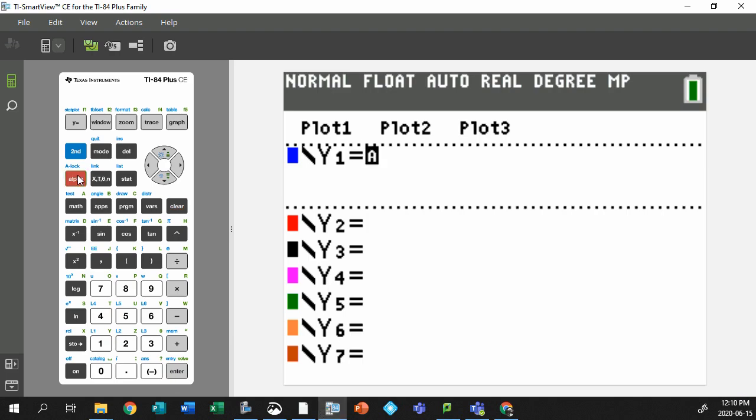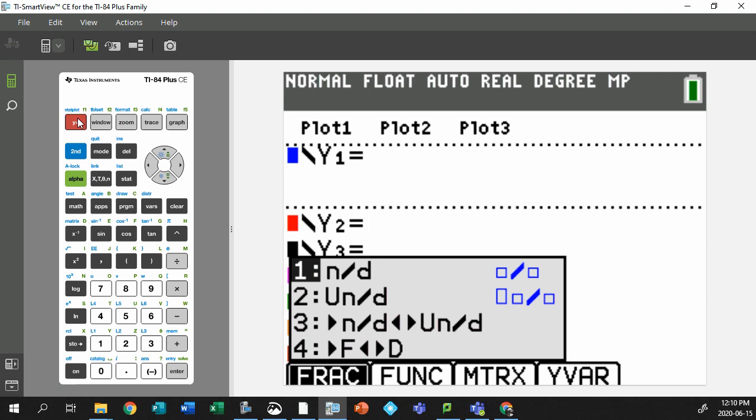Go to this alpha button right here. If you look, that alpha button opens up a whole bunch of neat things. It opens up all of these functions up here: F1, F2, F3, F4, and finally F5. So by hitting alpha, I'm going to hit alpha F1. And look what comes up. What comes up is a fraction.